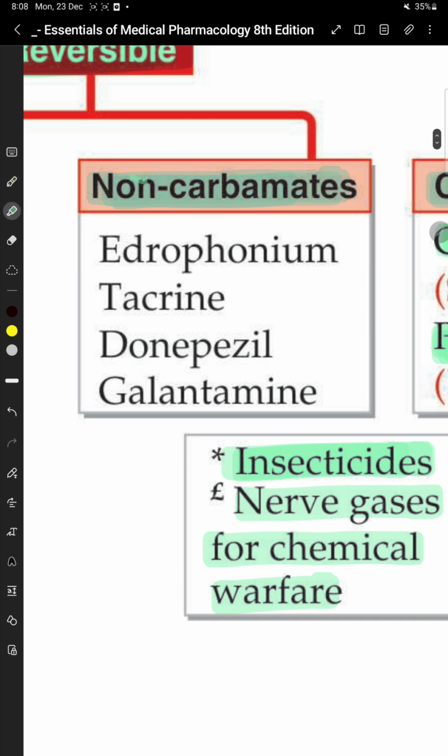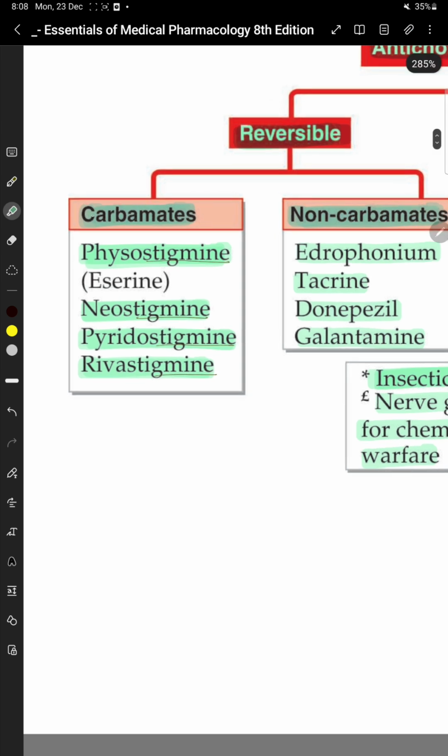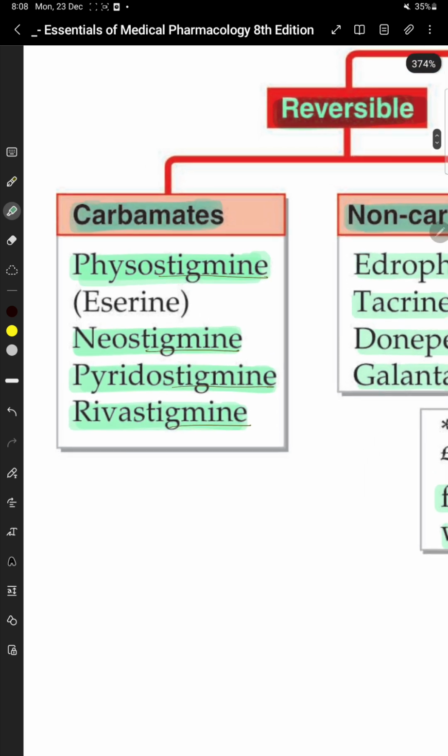And reversible non-carbamates are edrophonium, tacrine, donepezil, and galantamine. So reversible anticholinesterases are divided into carbamates and non-carbamates. Reversible carbamates are physostigmine, eserine, neostigmine, pyridostigmine, and rivastigmine.